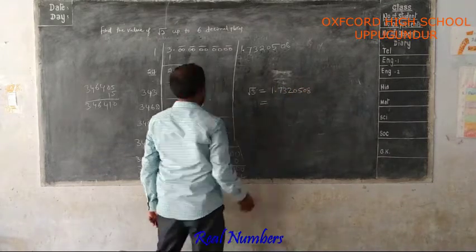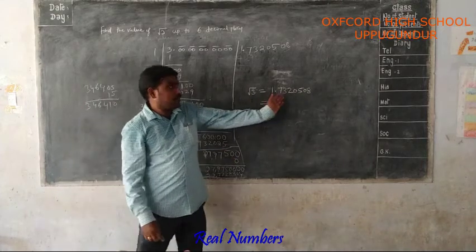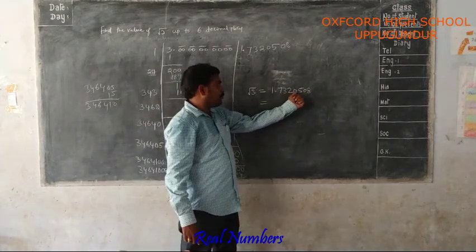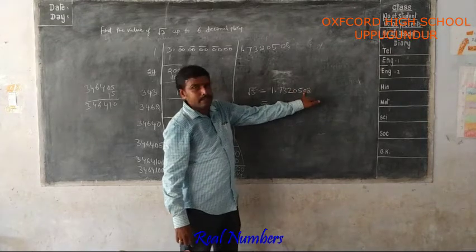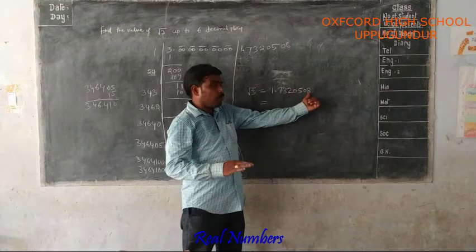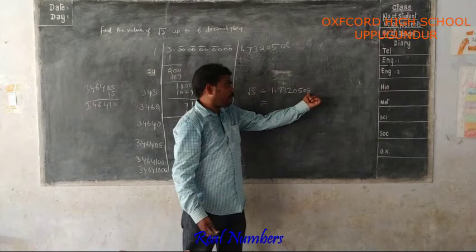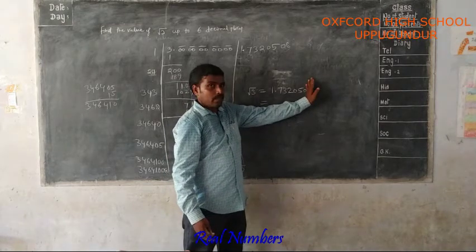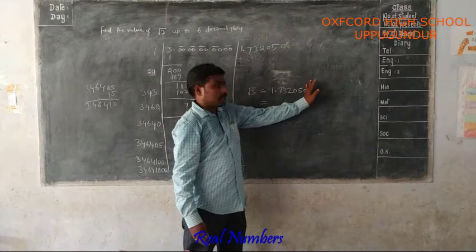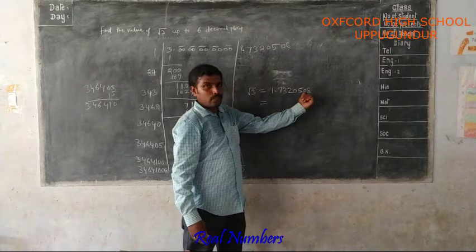When you round off this decimal number up to 6 places, 1, 2, 3, 4, 5, 6, after the sixth place the number is 8. So this is more than 5. That's why whenever you are rounding off this digit up to 6 places, for the previous digit you have to add 1.